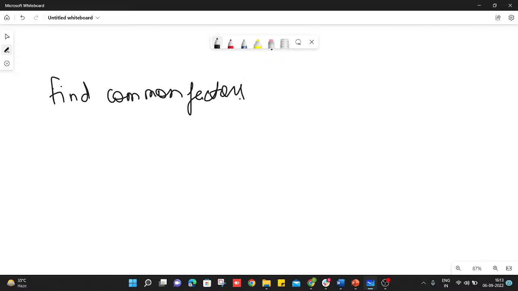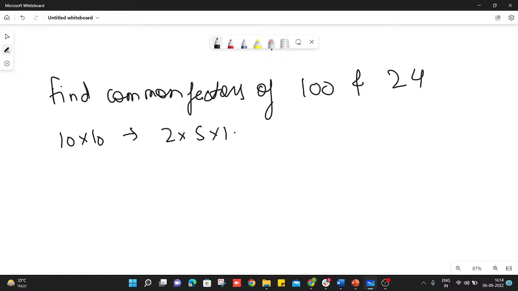Find common factors of 100 and 24. The factors of 100: 10 times 10, and 2 times 5 times 2 times 5. These are the factors of 100.